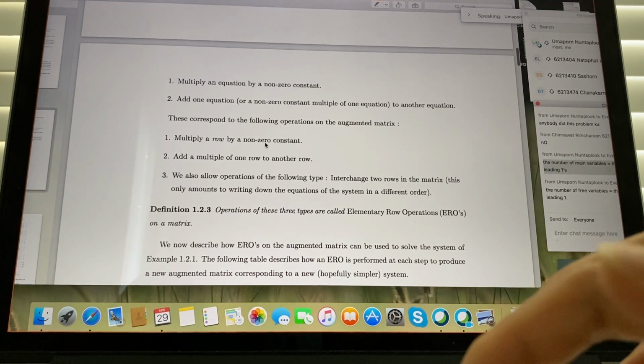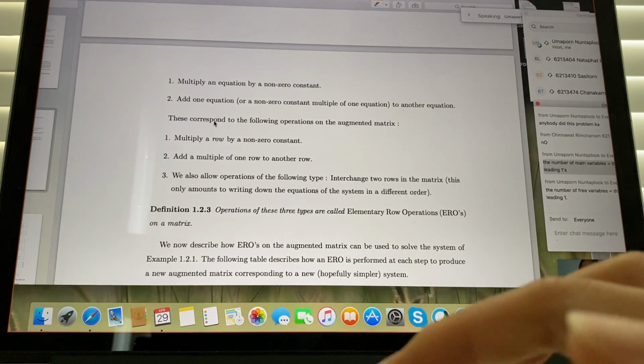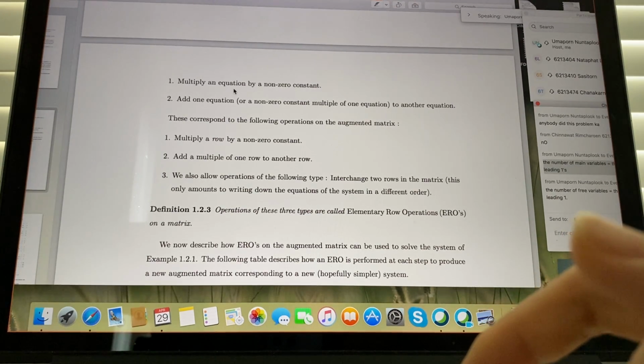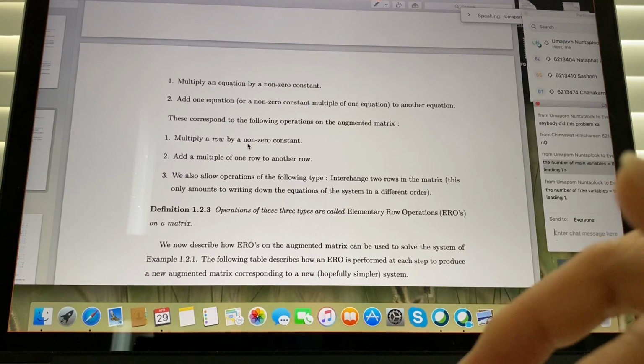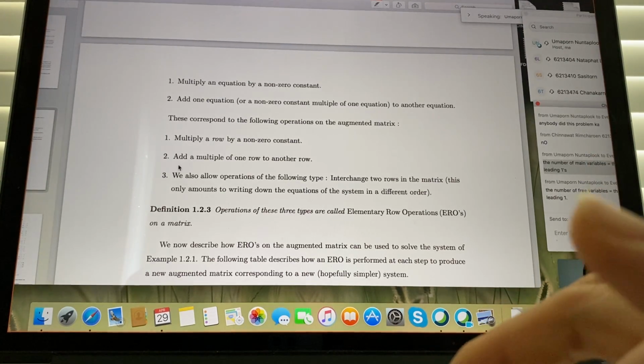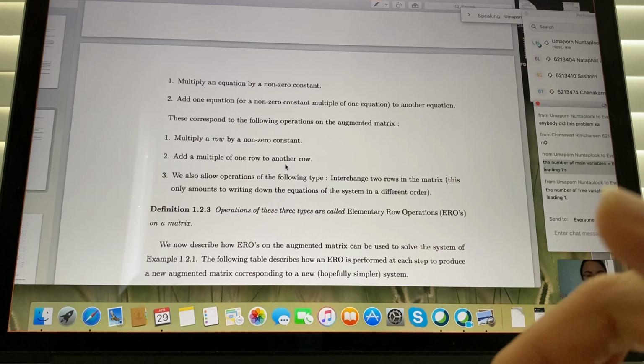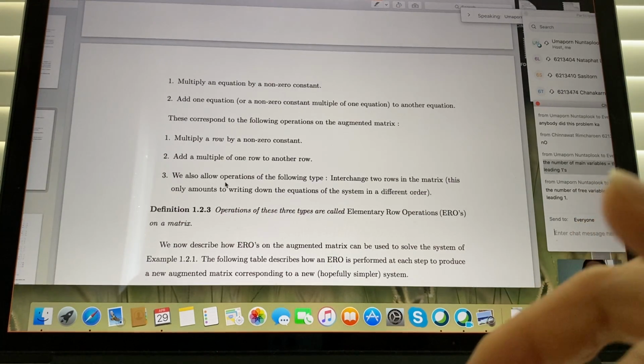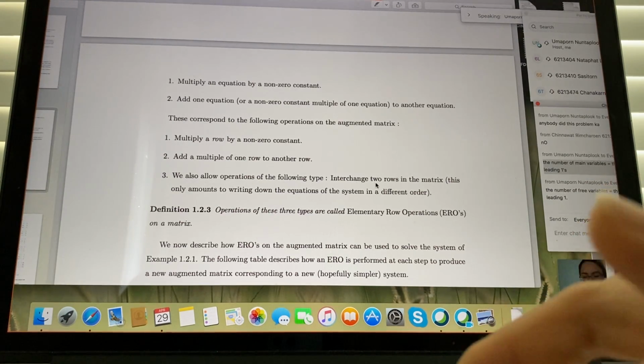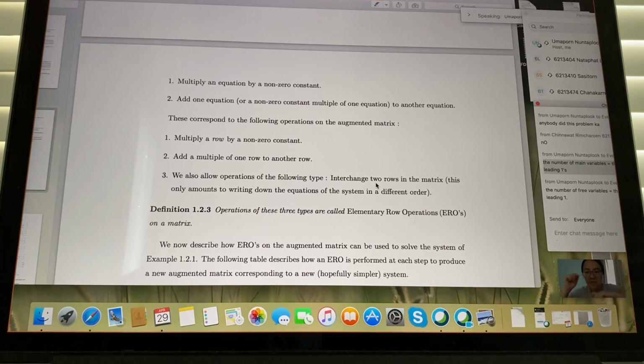Multiply a row by a non-zero constant. You see, each row represents an equation, right? Same thing when you multiply an equation and when you multiply a row. It's the same idea. Then add a multiple of one row to another. We also have another operation type: you can interchange any two rows.